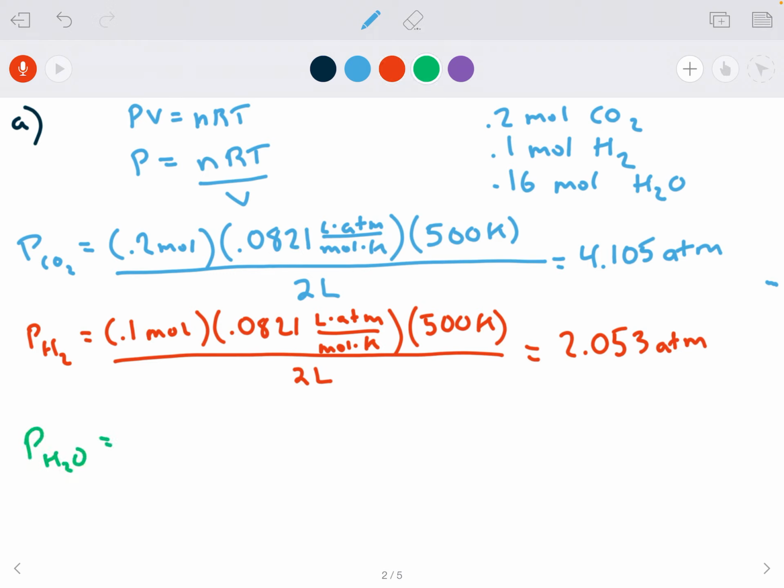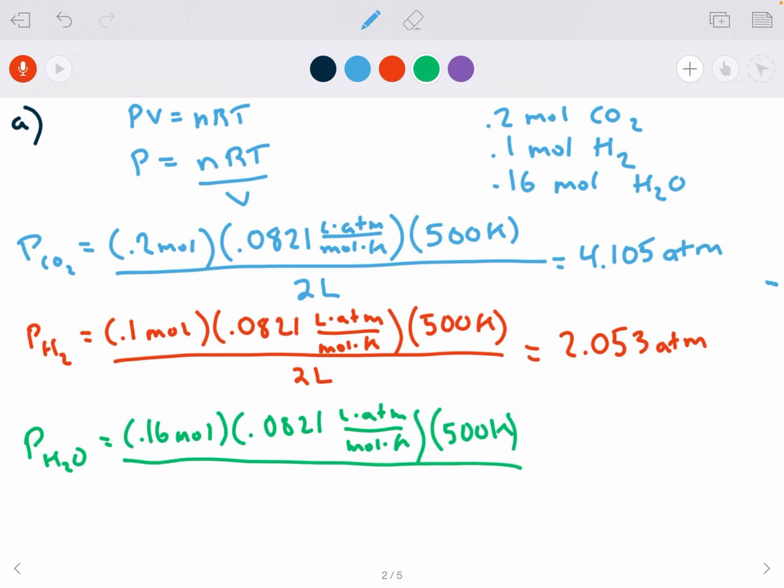And then the partial pressure of H2O is going to equal 0.16 moles times 0.0821 liter ATM per mole Kelvin times 500 Kelvin all over 2 liters. And this will give 3.284 ATM. So that is the answer for part A, the partial pressures of each of them initially.